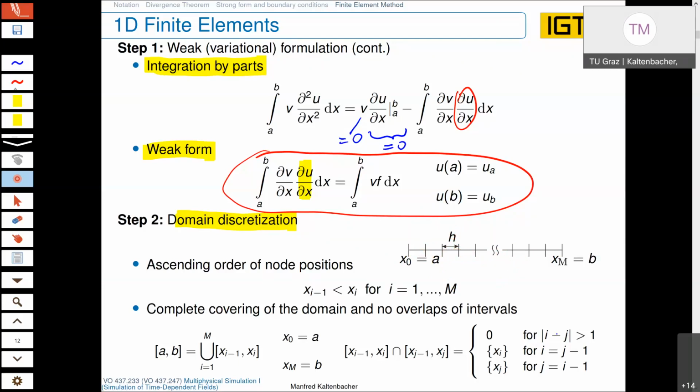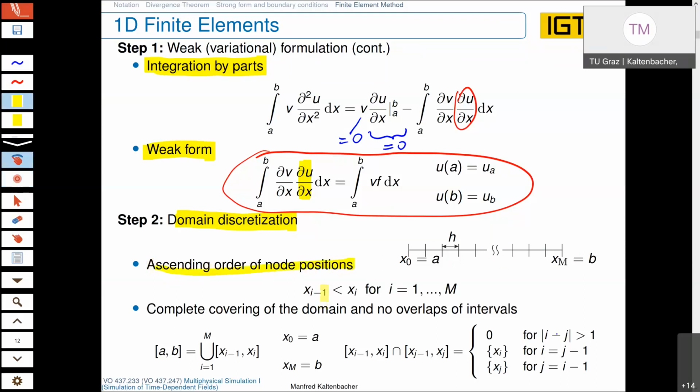And the computational mesh is very simple in our case, as we see here. We just discretized this line with our elements, so that we have ascending order of nodes.